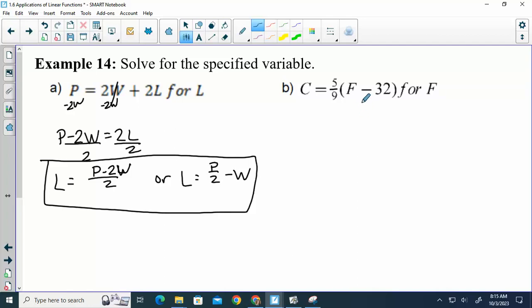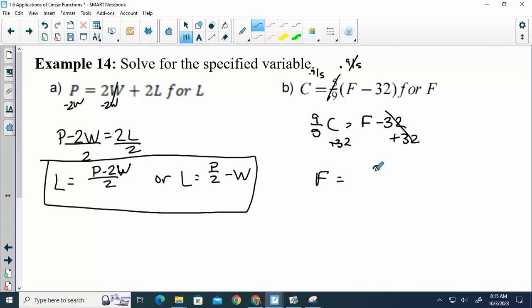On B, what did you do? Multiply by 9/5, the reciprocal. So 9/5 C. Those drop, so equals F minus 32. You can just add over the 32.